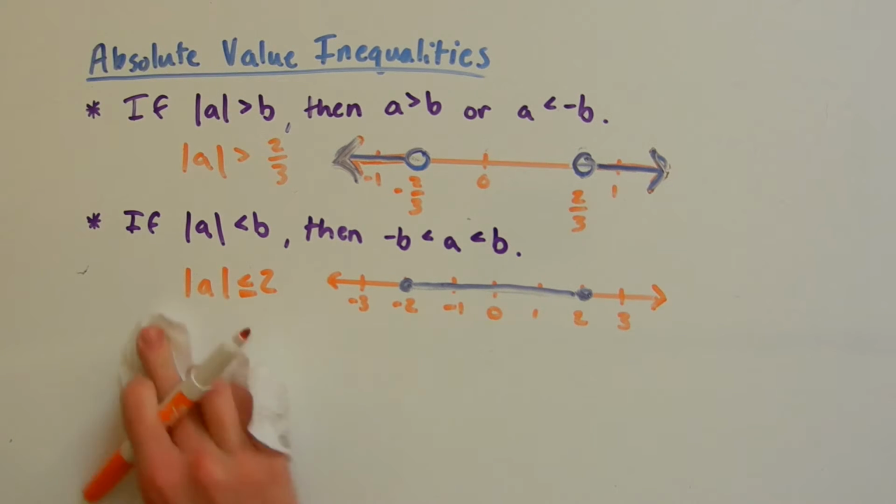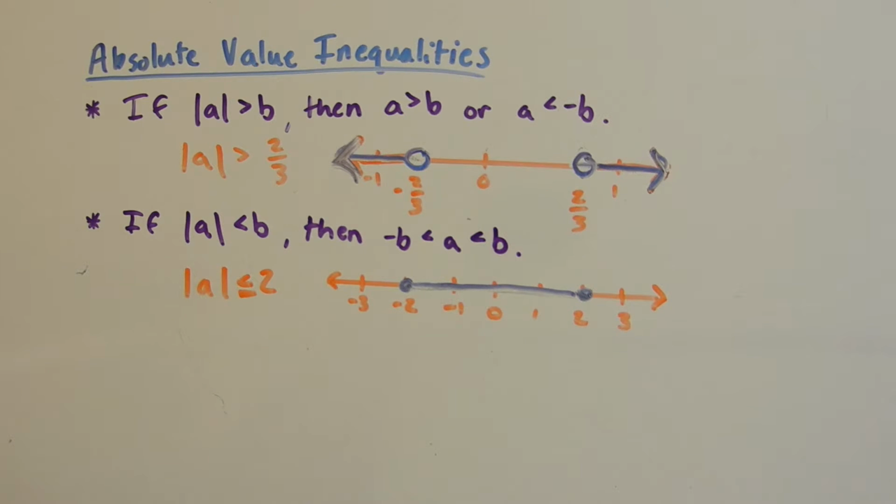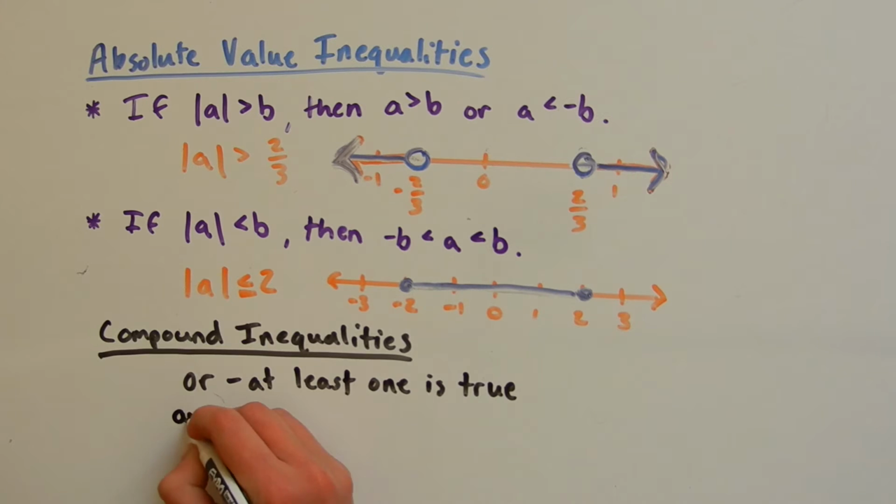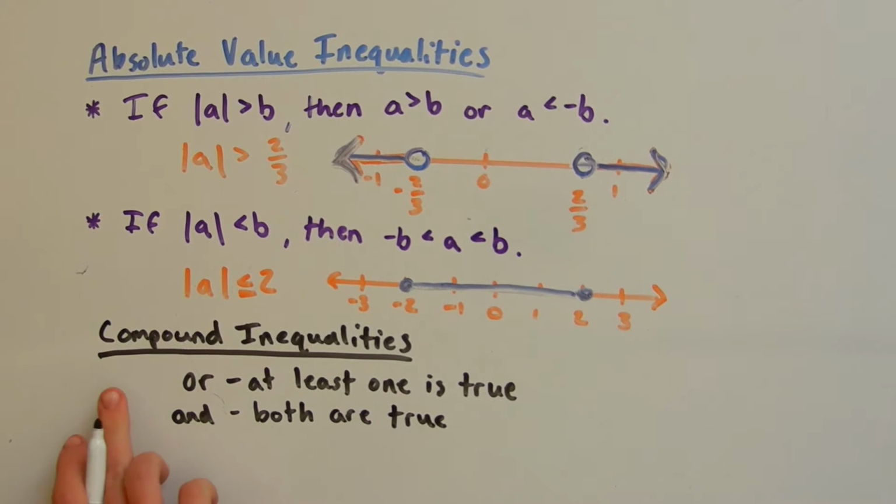And this takes us directly into compound inequalities. So compound inequalities are inequalities that are joined together with the words or, and. The word or is saying that at least one is true.